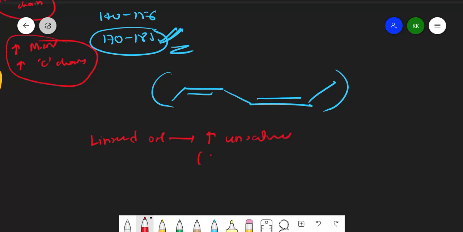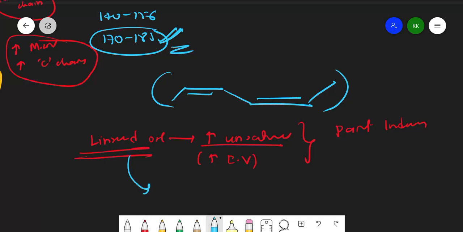Based on the greater iodine value. I saw this iodine value or iodine number was greater, so I told it will have greater unsaturation, because of which, in the paint industry, they use this linseed oil. Why do they use it? Because linseed oil is used as a drying oil.